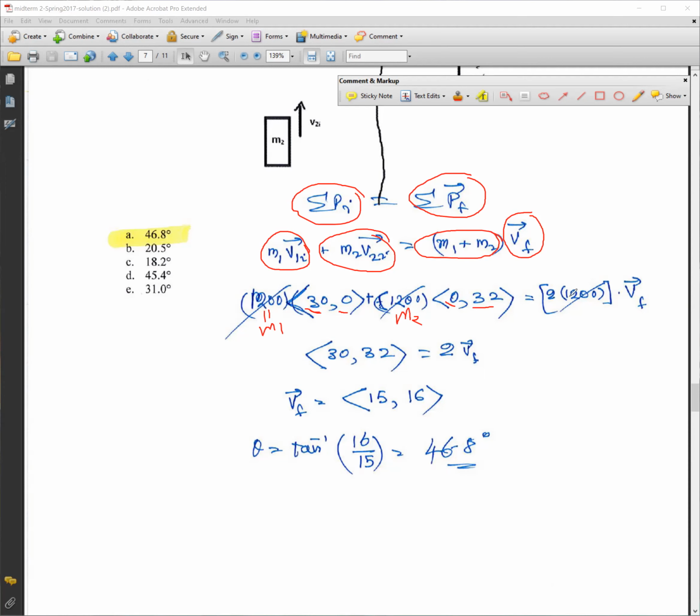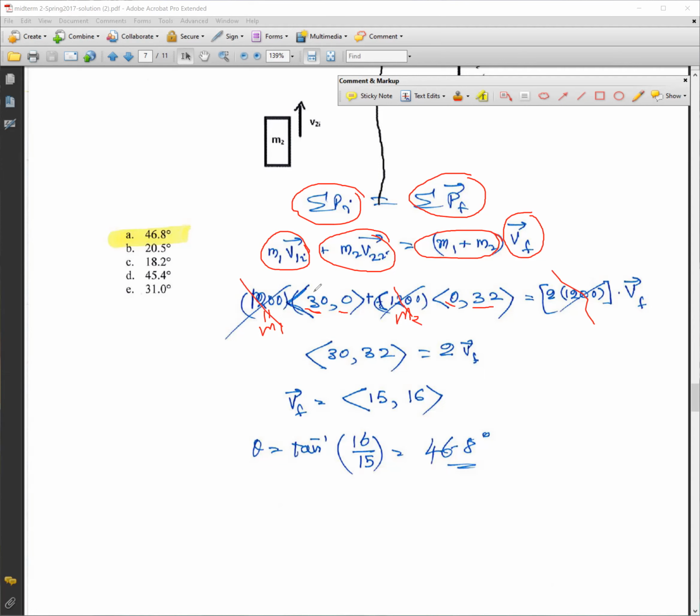And on the other side, you have M1 plus M2, so that's 2 times 1200. It's the same, which means we can just cancel the 1200 everywhere. So the 1200, we can just forget about it.